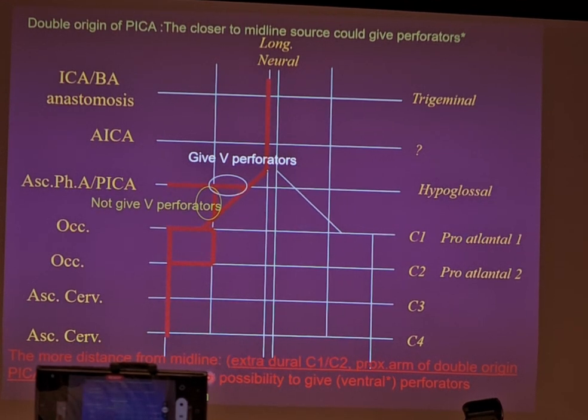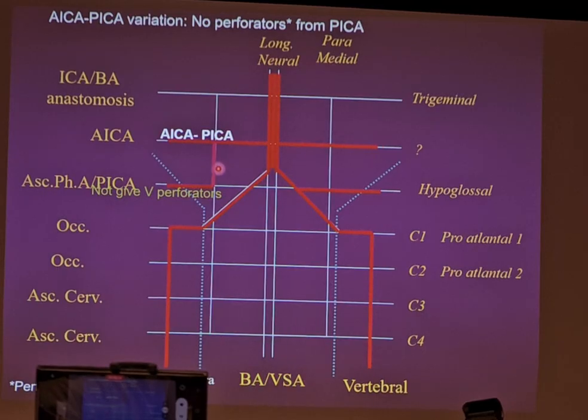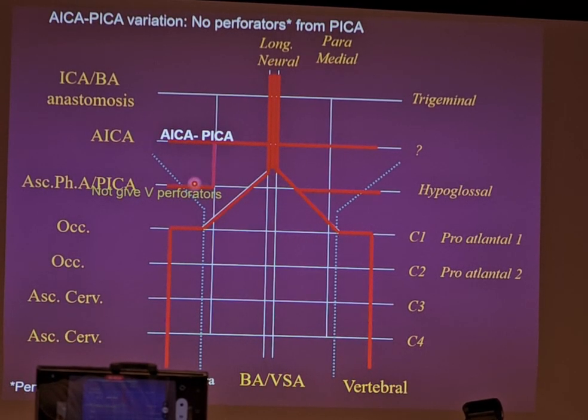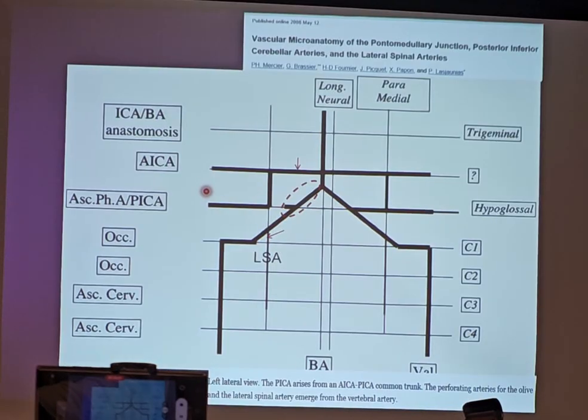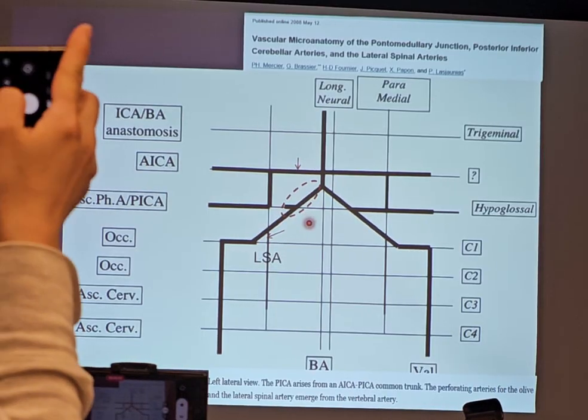Also a variation of PICA: because PICA is now far away from the midline, you have less chance for that PICA to give perforators. And in the opposite, in this situation, the segment of vertebral artery will be the one responsible for giving the ventral perforators because it's closer to the midline.